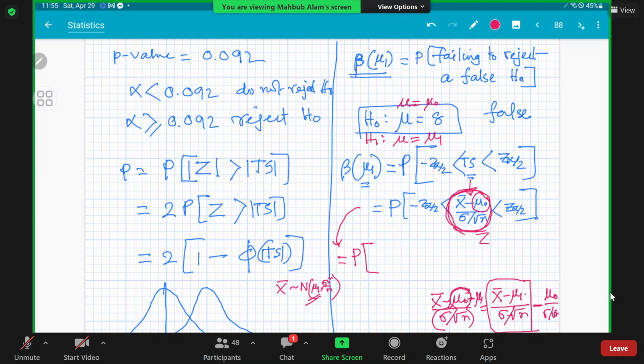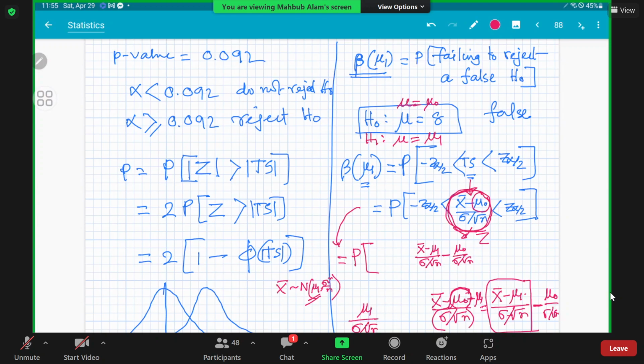Yes, sir. Okay. If this is the case, then here in the middle we can write x bar minus mu1 divided by sigma divided by square root of n, minus mu naught divided by sigma square root of n. And in converting this one into this one, we subtract the middle quantity by a value which is mu1 divided by sigma divided by square root of n.